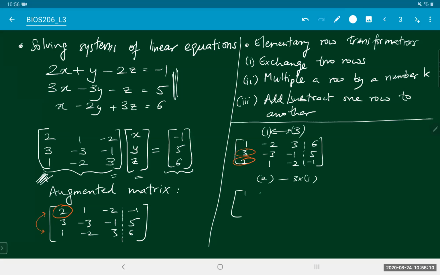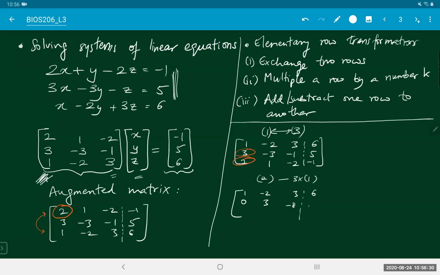So I get 1, minus 2, 3, 6. 3 minus 3 is 0. That's why we are doing this. Minus 3 plus 6 becomes 3. Minus 1 minus 9 becomes minus 8.